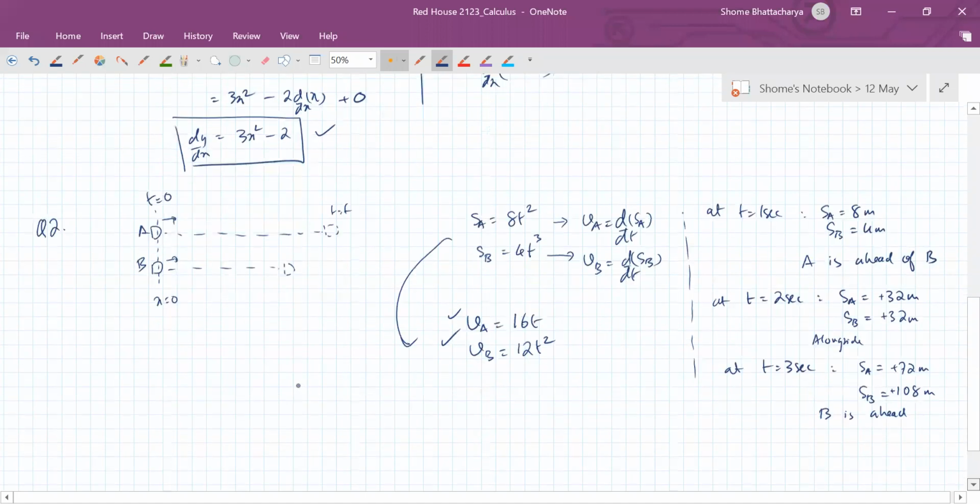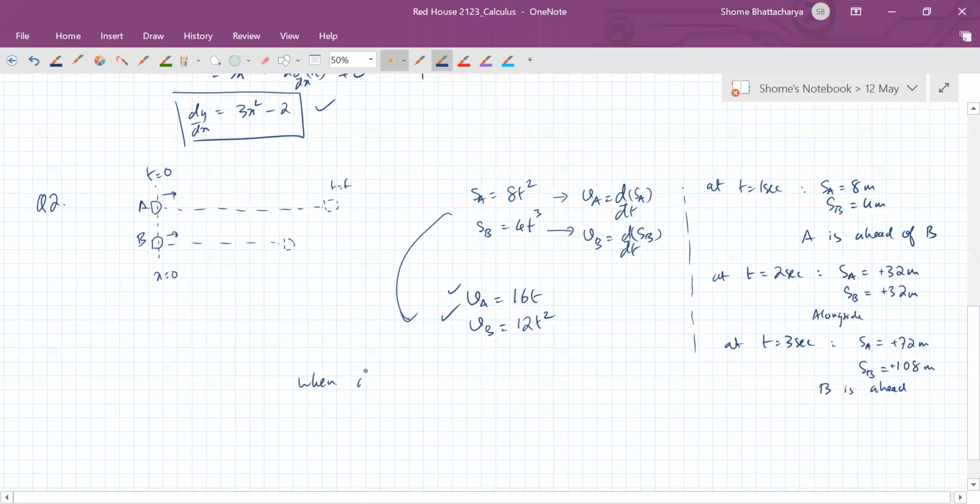Now, if you ask when does B overtake A, that is at the instant when the displacement of B just becomes equal to the displacement of A. Suppose this is at some time t naught.